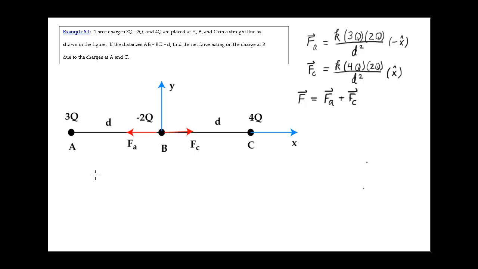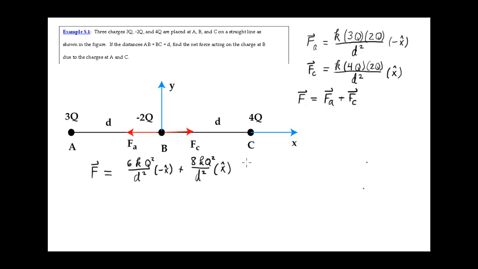So let's just finish it off. We've got then that F, the net force on the charge at point B, is the sum of F_A and F_C. So F_A, if I simplify that a little bit, I've got 6kQ squared over d squared in the negative x hat direction. F sub C is 8kQ squared over d squared in the positive x hat direction, like that.